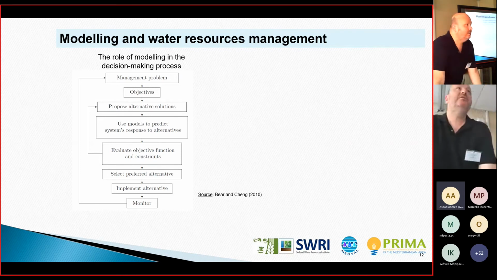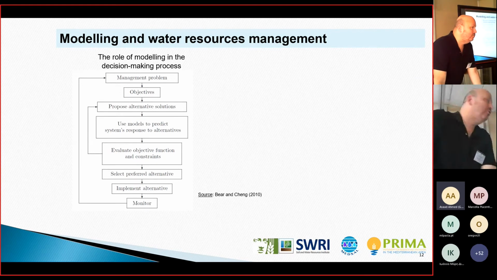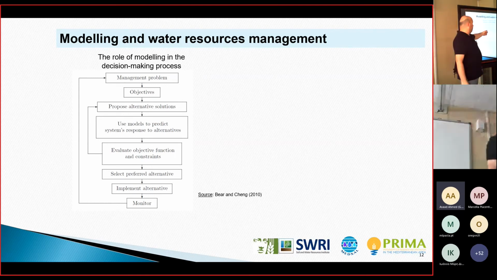Then we need to think and propose some solutions to meet the objective that we set in the previous step. And here comes the role of the model. We use the calibrated model. We run the model using as input data the proposed solutions from the previous step, and we see the aquifer's response.